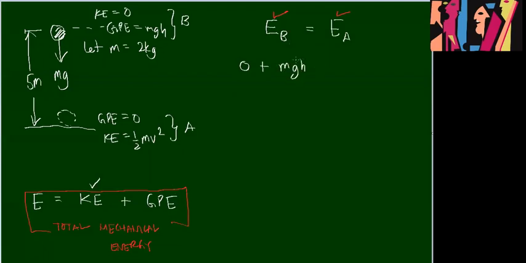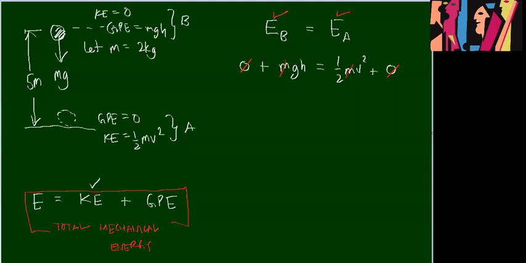That's equal to the right-hand side, which is the total mechanical energy of the object after it falls. That's kinetic energy, 1/2 mv squared, plus the gravitational potential energy when the object has fallen. The zeros will cancel out, and it also looks like the masses will cancel out.